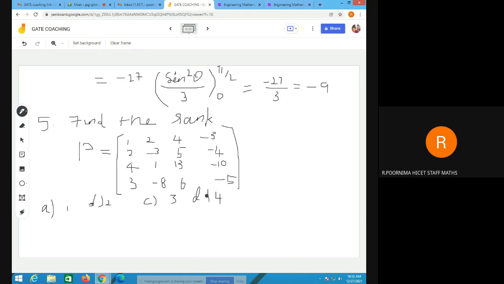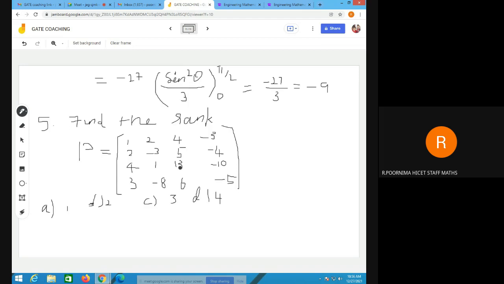First, you have to reduce the matrix to row echelon form. Row echelon form means we have to make rows zero using only row operations. You can select row 2 and subtract from row 1, or select row 3 and subtract from row 1, or select row 4 and subtract from row 2 or row 3. These are the possible ways.